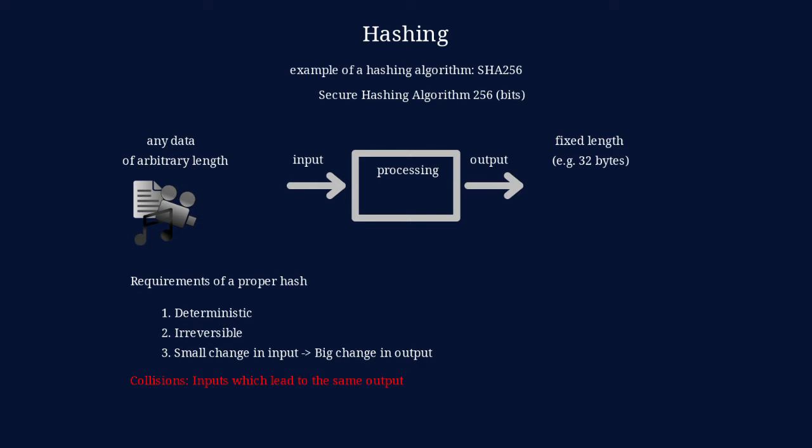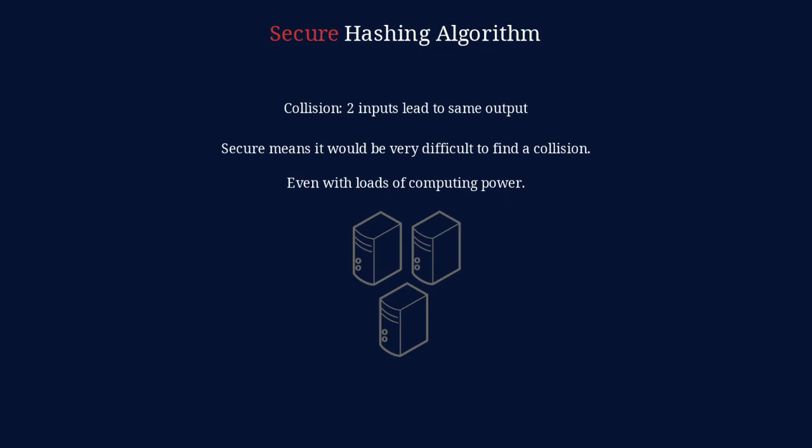Finding any other input in some cases might be good enough, but because collisions are few and far between, even that is very difficult to do. What secure means is that it is, if not impossible, then at the very least very unlikely and very expensive in terms of resources, in terms of computing power, to find those collisions.